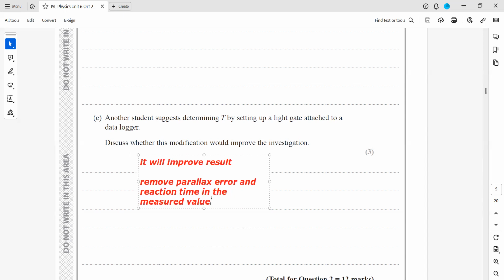But one drawback of using a light gate is that there will be uncertainty in the time period, because the light gate would time the edge of the bob rather than the center of mass. Like how much time the edge of the bob is taking to move from one end to another rather than the center. That is one limitation. Otherwise, it will be accurate. So this was question 2 from the October 2021 paper.